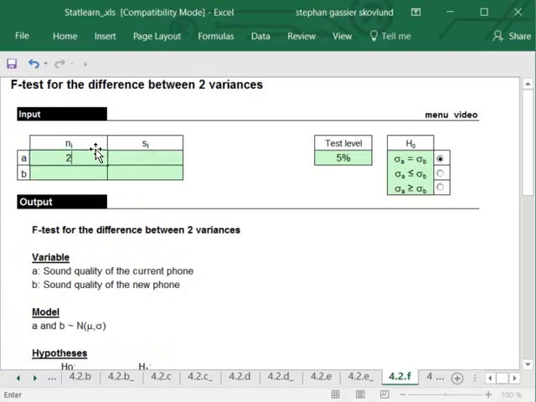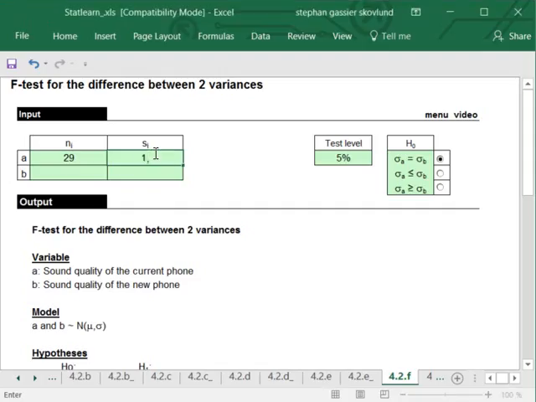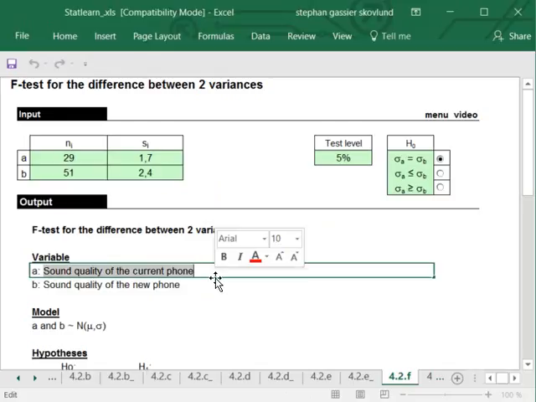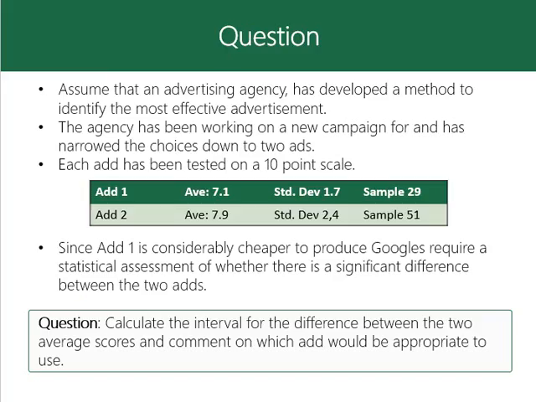Then we have 29, and the standard deviation for this one was 1.7, and the other one was 2.4 and 51. I'll change the variable names, so this will be ad 1 ratings and this will be ad 2 ratings. It's fine. We always put it in H0, as you can see here, the one equal to the other when we're testing for homogeneity. So this is a no-brainer. We don't have to think. We just put it here, and everything will be fine.